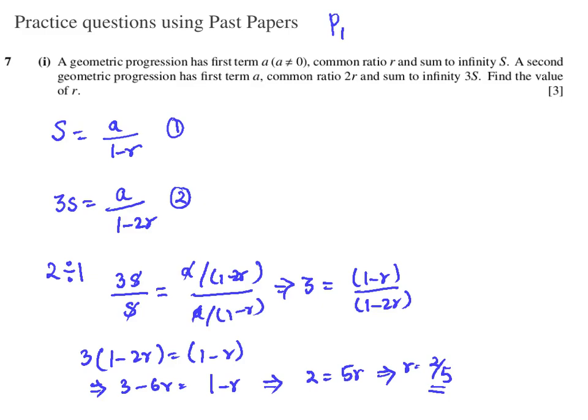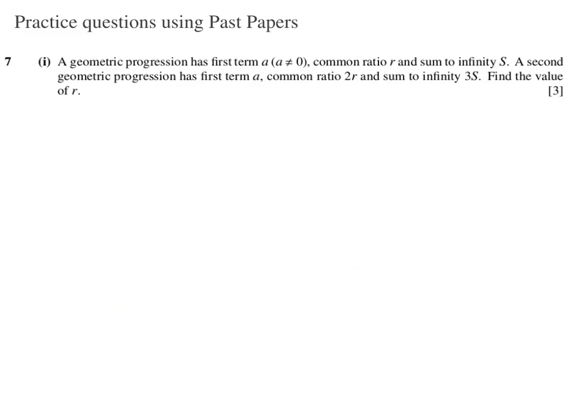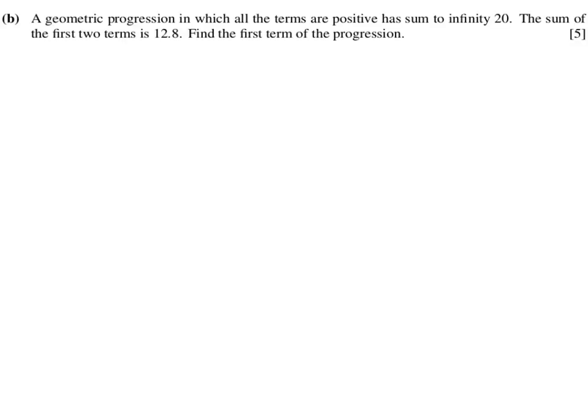So let's see another question. A geometric progression in which all terms are positive has sum to infinity 20. The sum of the first two terms is 12.8.